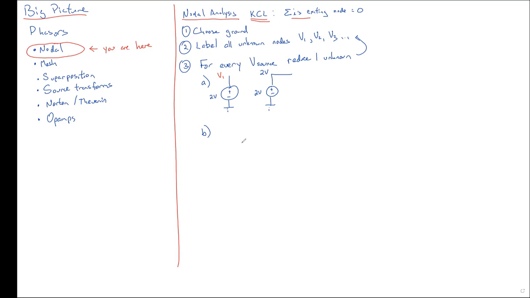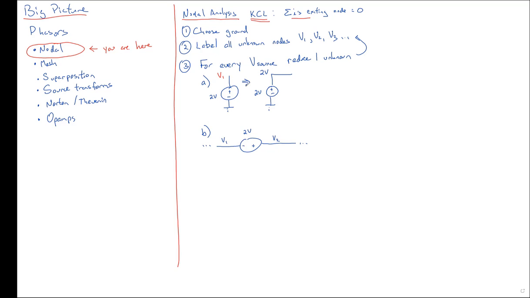It gets more complicated when you've got a voltage source that is not connected to ground. So there's stuff out here that I haven't drawn. This is how we process a voltage source connected to ground. If the voltage source is not connected to ground, what do we call it?